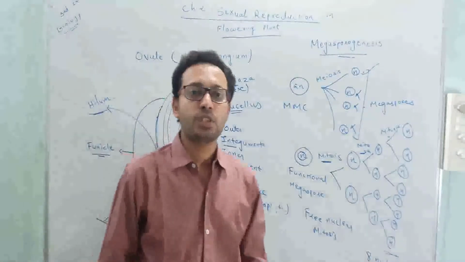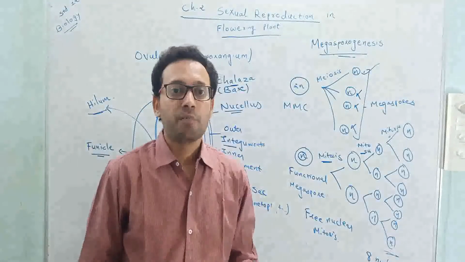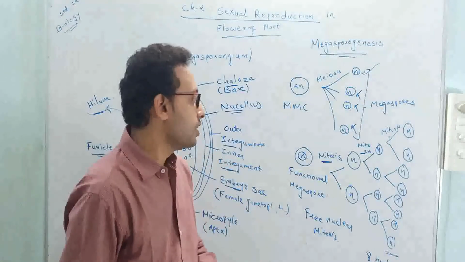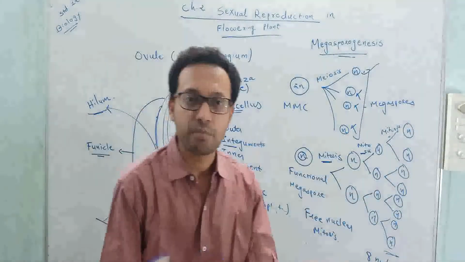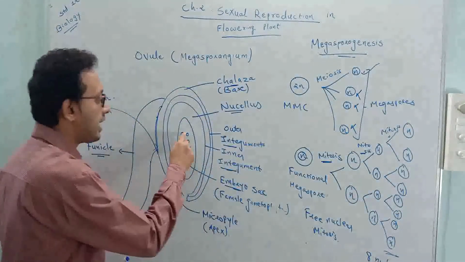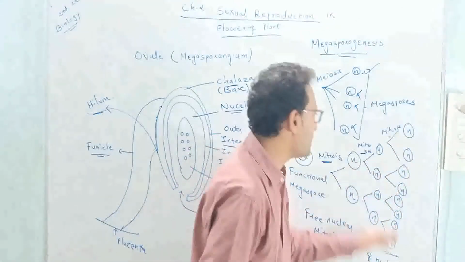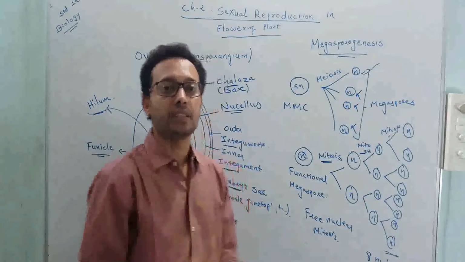It is a type of mitosis where the nucleus divides, but the cytoplasm does not divide after the division of the nucleus. So only the nucleus gets divided. Cytoplasm does not divide. So 8 nuclei came into existence after 3 successive divisions.